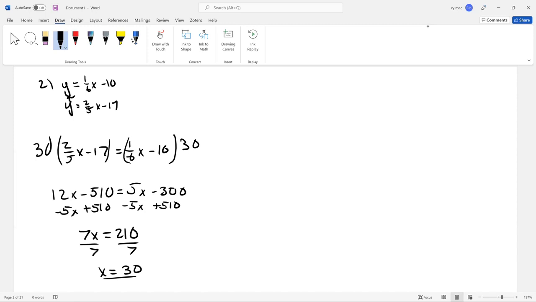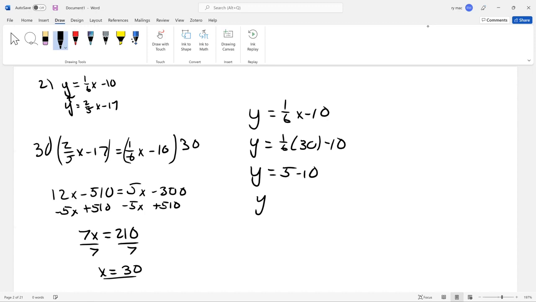Once again, I'll just plug that into my top equation. So my y equals 1 over 6x minus 10. If I plug in 30 for that, I get y is equal to 5 minus 10, or in that case, y is equal to -5. So my solution for this one is 30, -5.